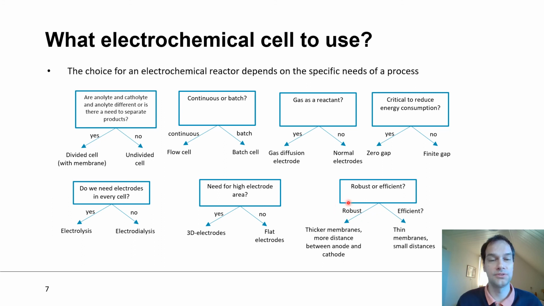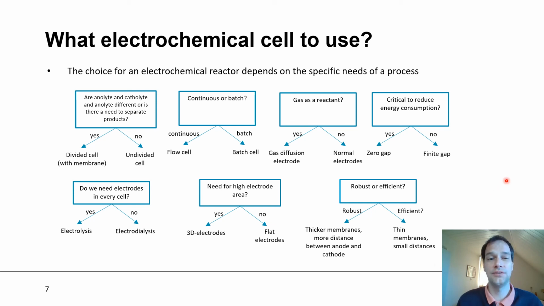For example, if you want something robust, you typically take thick membranes because they cannot break easily. And you might want to apply more distance between the anode and the cathode to avoid any short circuits. If, on the other hand, efficiency is really important, you like thin membranes with a low ohmic resistance, and you really want to minimize the distance between anode and cathode.